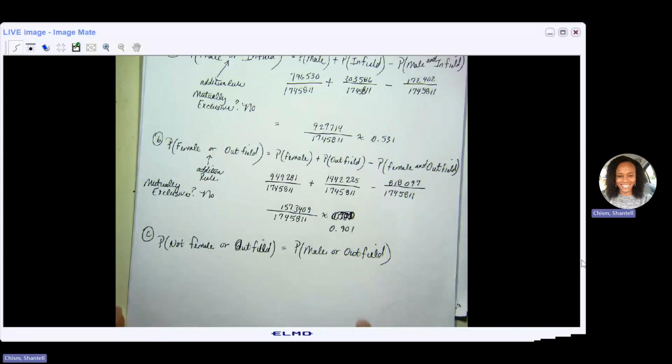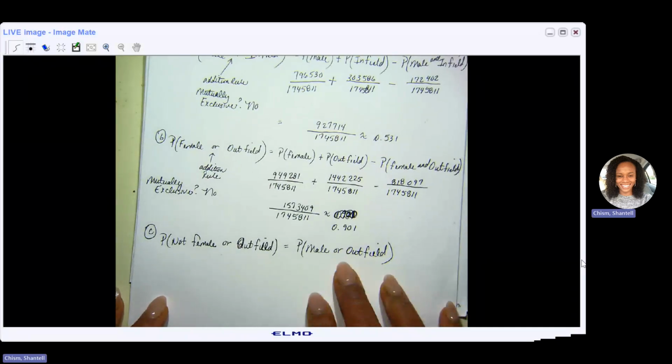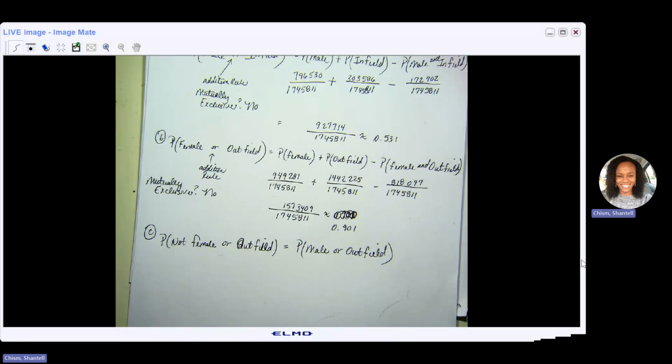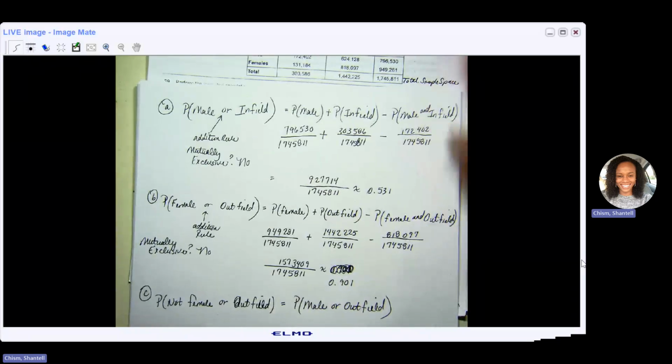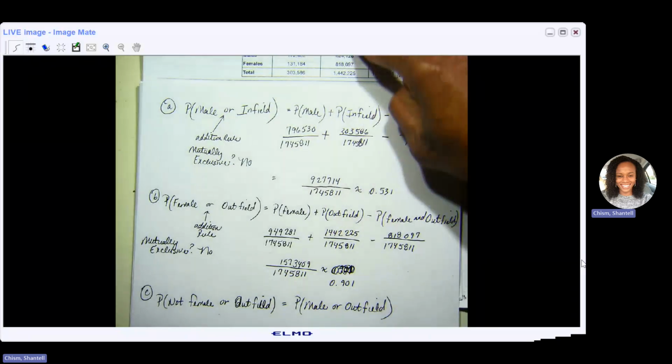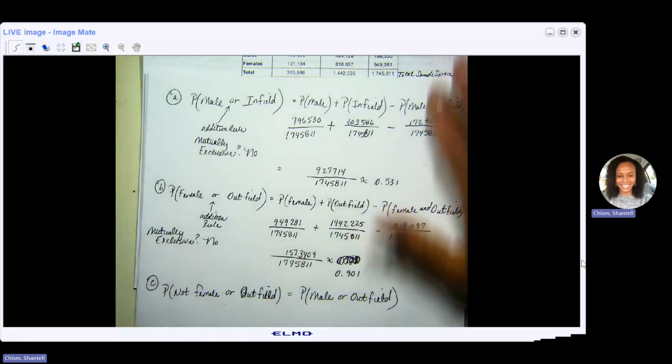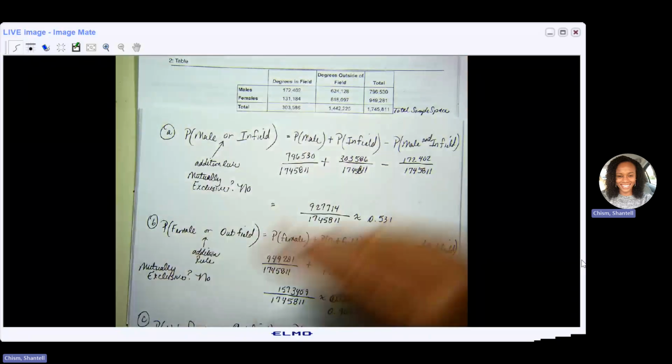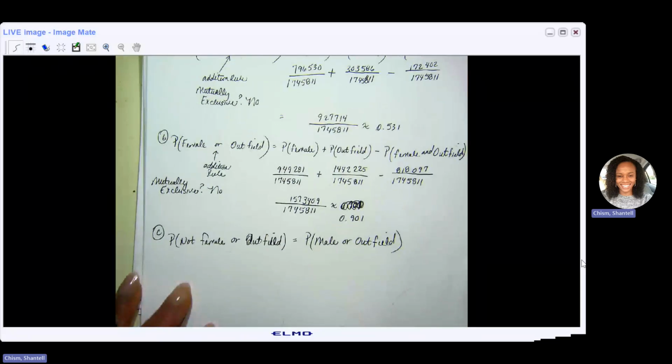Okay. So again, this is or. So the question of exclusivity comes into play. Are these two events mutually exclusive or not? So male is again a row. Outfield, degree outfield is a column. They intersect each other. So therefore they overlap. So therefore they are not mutually exclusive.